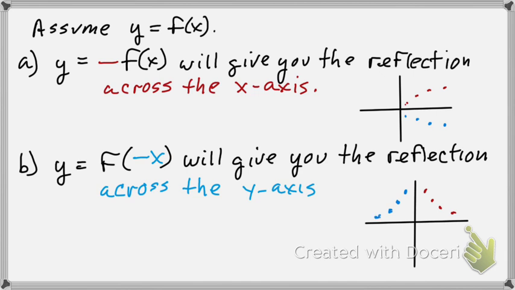So each pair of those points, the y values are staying the same for each pair. What's changing? The x values. Does that make sense? The top one, what's changing? The x values are staying the same for each pair, but the y values are changing. All right?